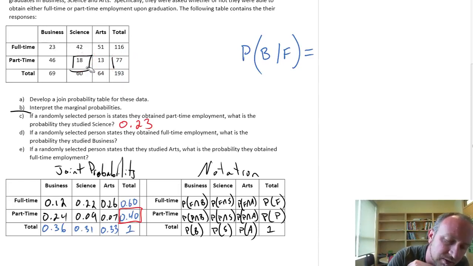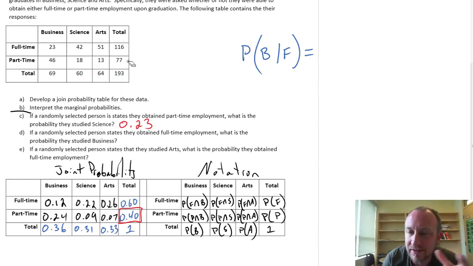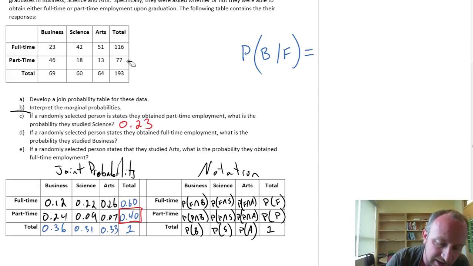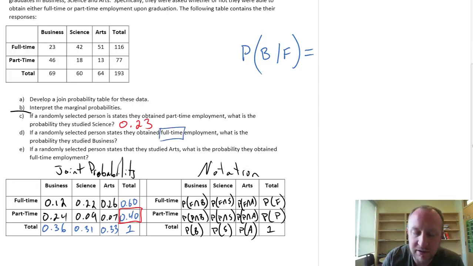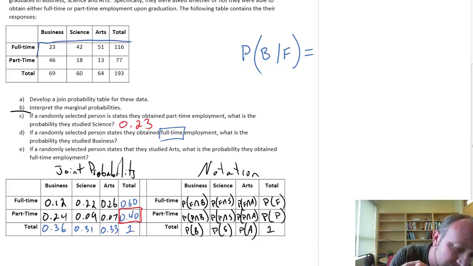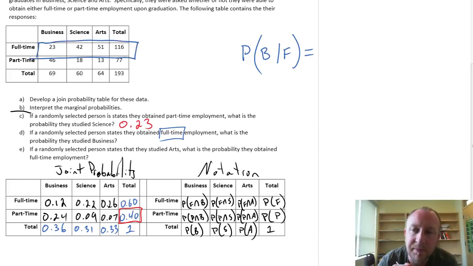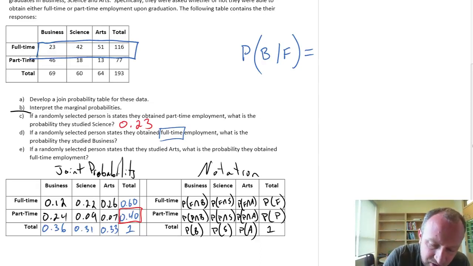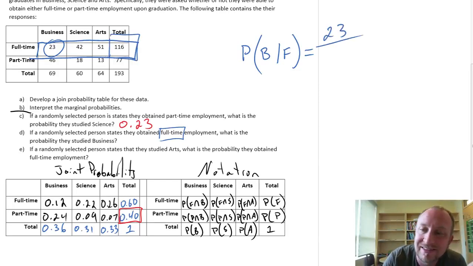Again, with the luxury of having the actual data, I'm isolating my analysis to full-time. So I'm only looking at the full-time graduates. 23 of those full-time graduates studied business, so that's 23 out of a total of 116 who obtained full-time employment.